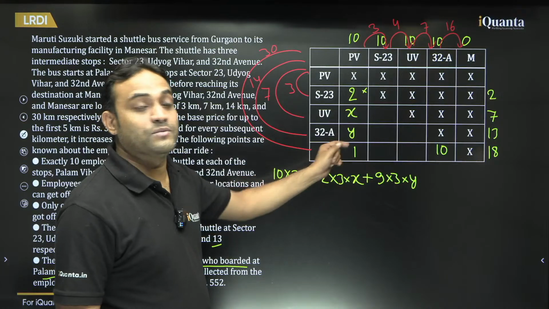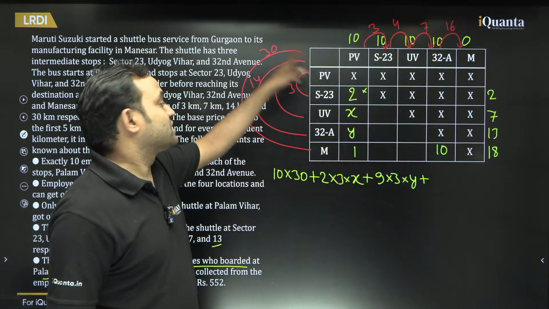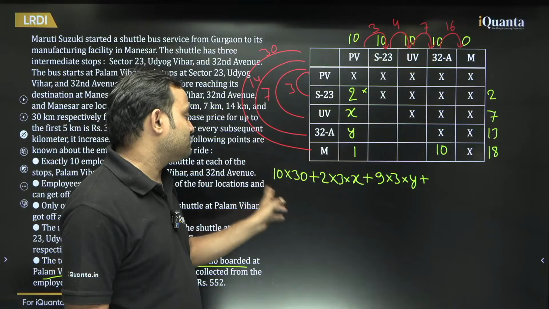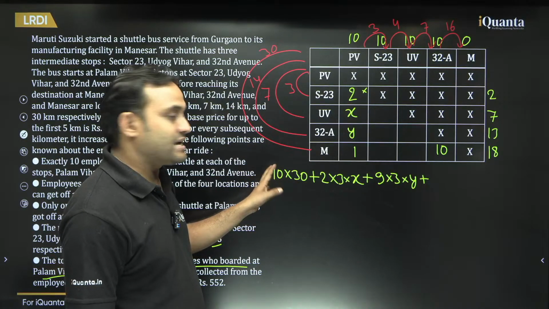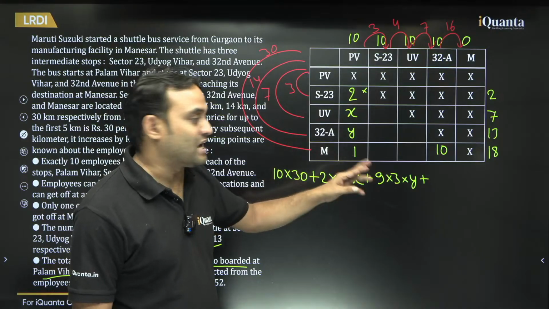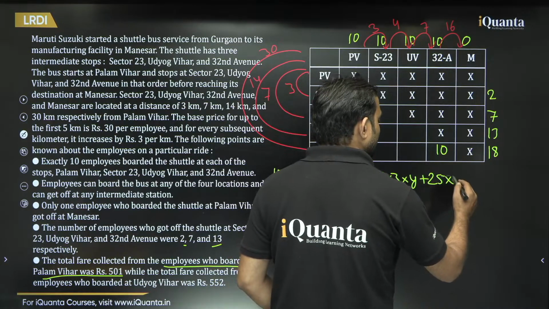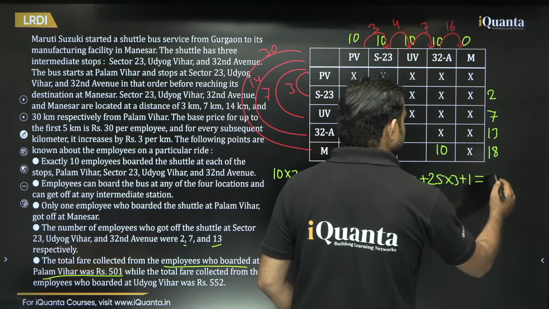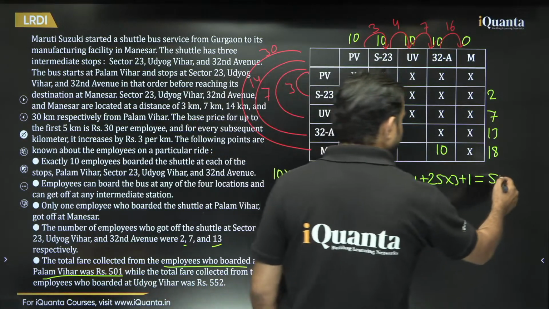And this one employee must have paid, so out of 30 kilometer, 5 kilometer payment we have already taken here. So 5 kilometer, remove that, 25 kilometer. So for 25 kilometer, 3 rupees per kilometer plus 1, this should be equal to the value that is given, 501.